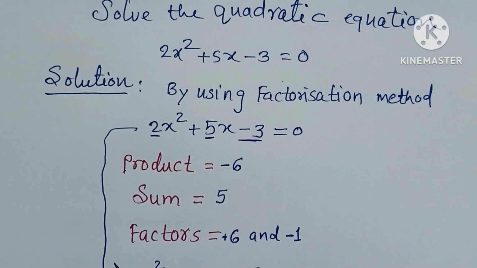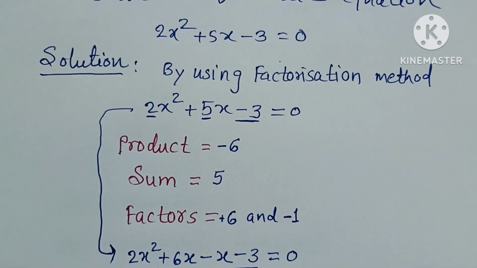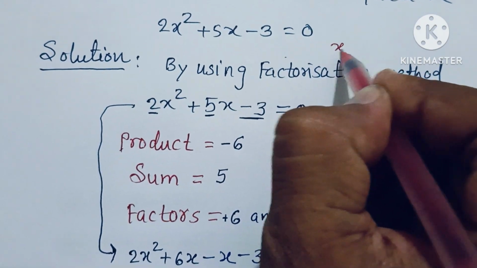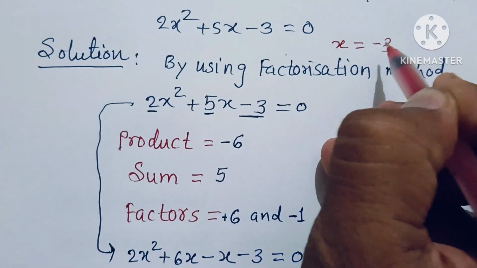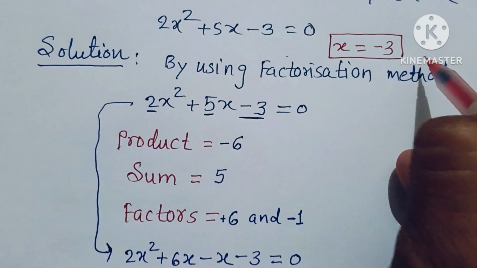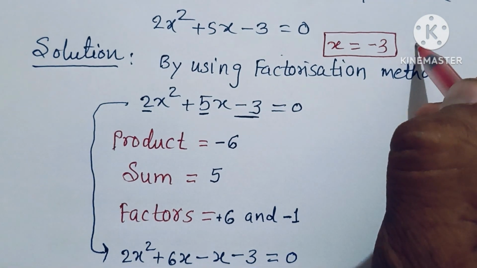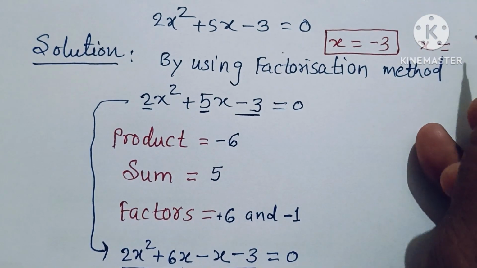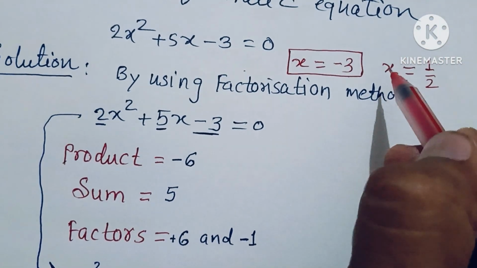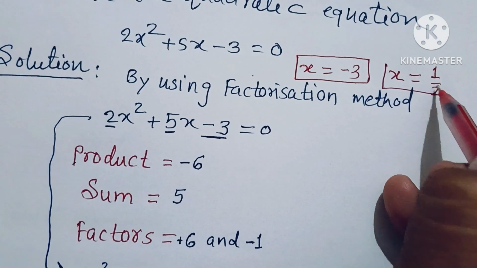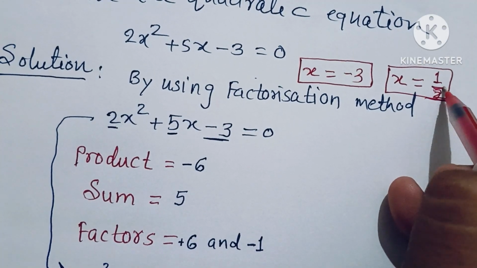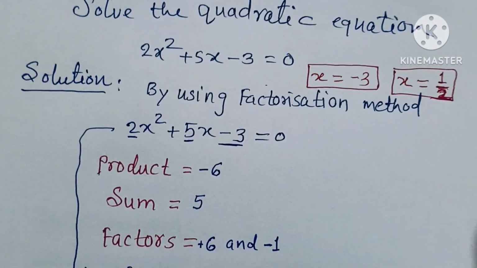Okay, so see the values: x equal to minus 3, this is the first value of x, and x equal to 1 by 2, this is the other value of x. The quadratic equation has two values.